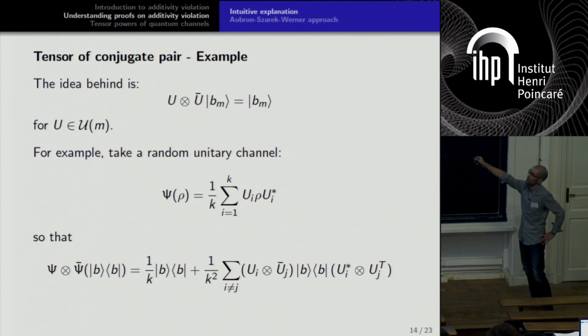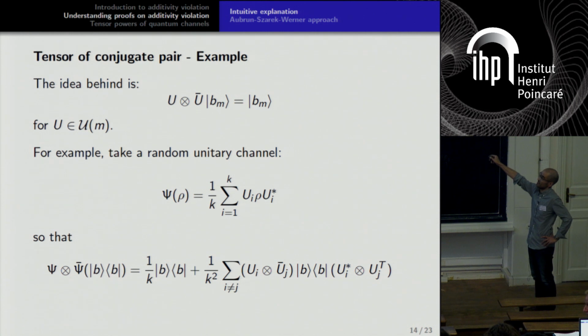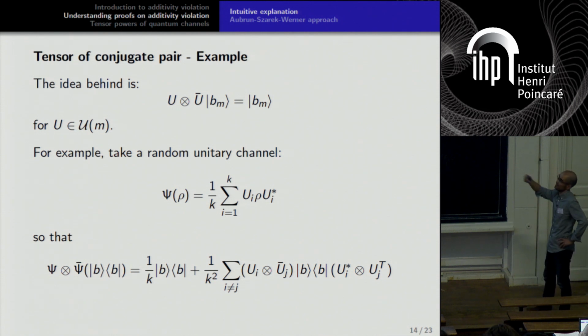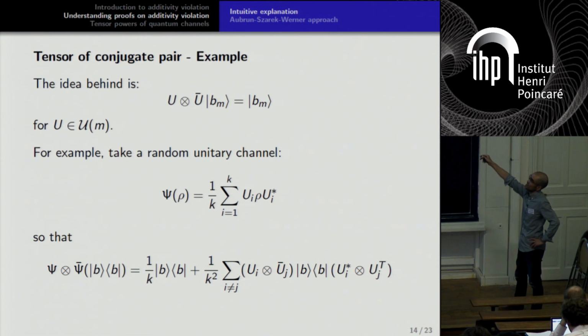If you're familiar with representation theory, if we have representation U over U and make the tensor, there is a one-dimensional invariant subspace, and the rest is the other part. This corresponds to the one-dimensional invariant subspace. By making this tensor, we have cross terms like ui tensor uj bar.